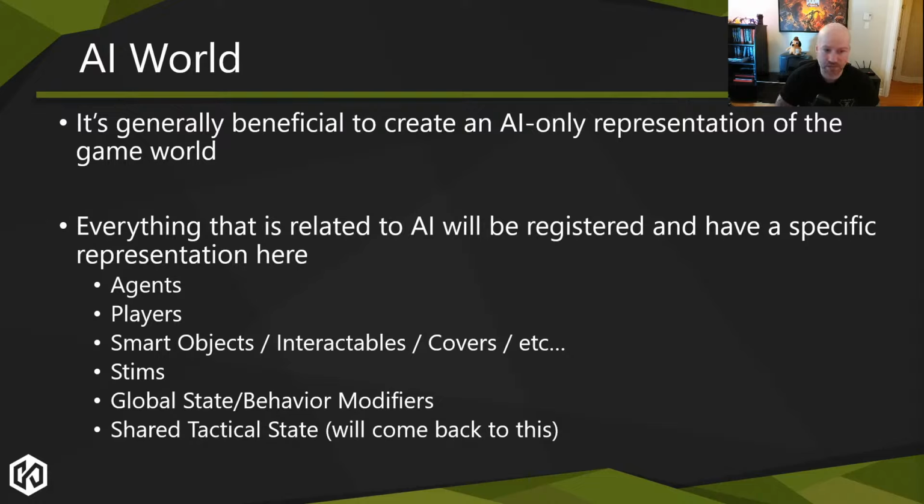So as I was saying, when it comes to the AI world, it is functionally just an AI-only representation of game state. It's like a big database that a lot of stuff registers into and says, hey, I'm something the AI cares about. Whether it's a character, an object that can be interacted with, some volume that changes something.